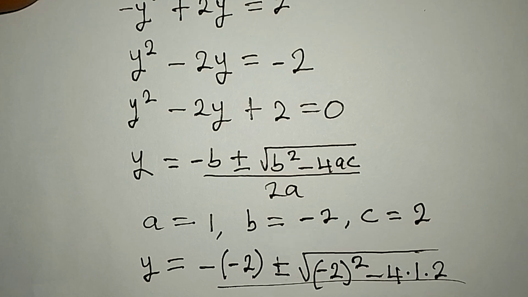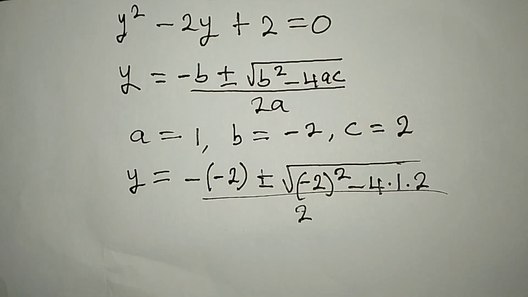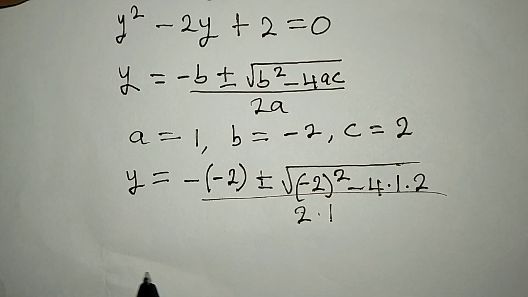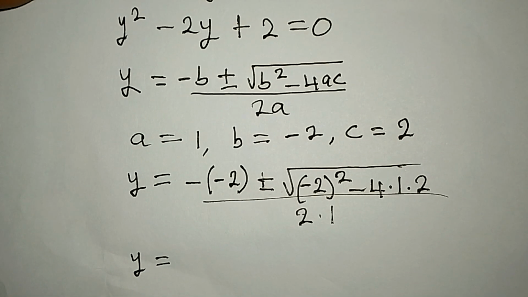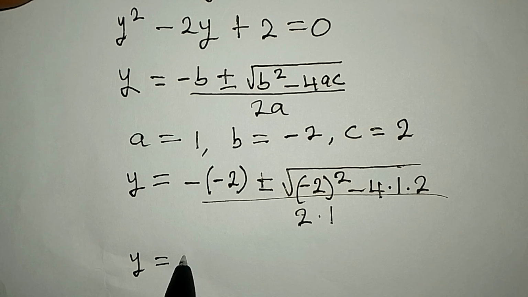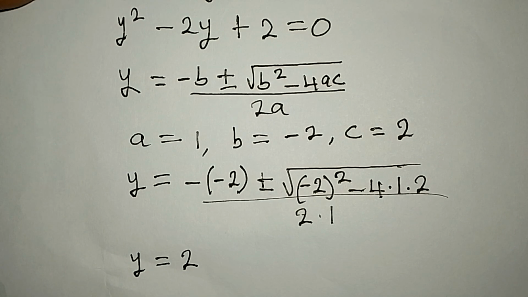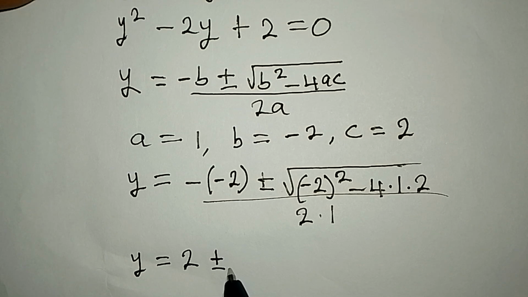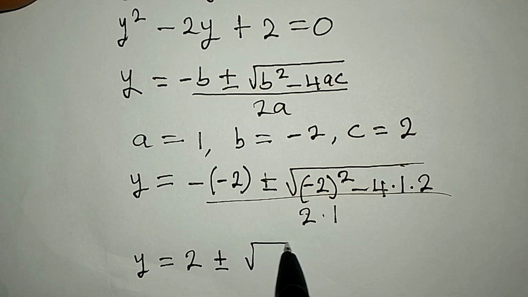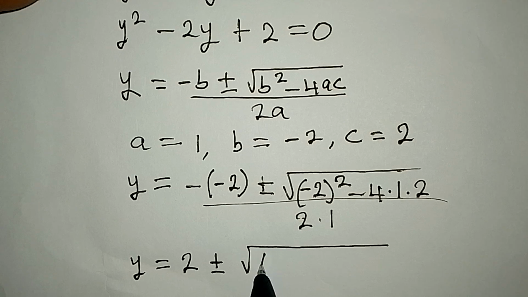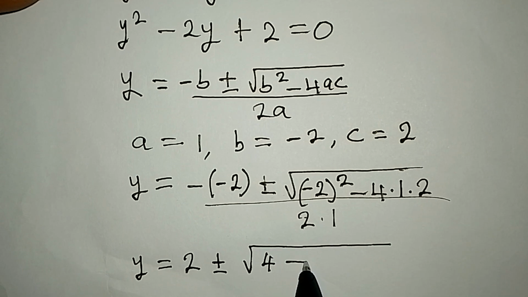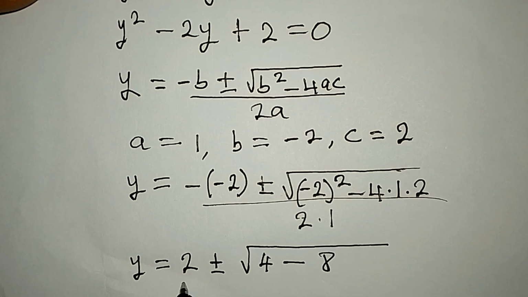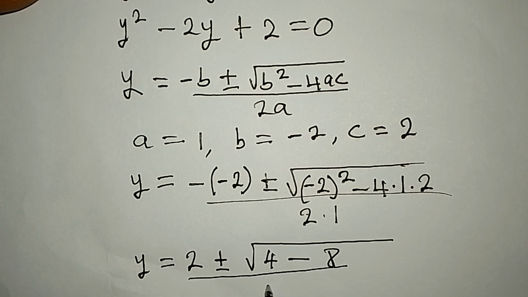The whole of this will be over 2 times a, and a is still 1. Now y is equal to, negative times negative gives positive, so we write 2, and then plus or minus. Minus 2 squared is 4, then minus 4 times 1 times 2 is 8. So we divide the whole of this by 2.